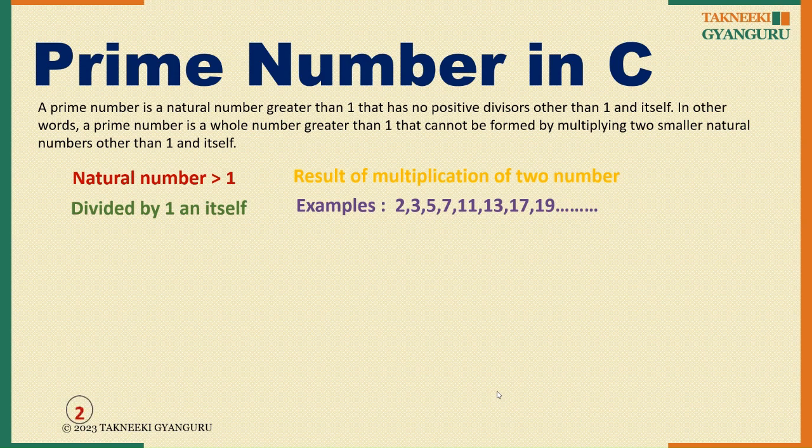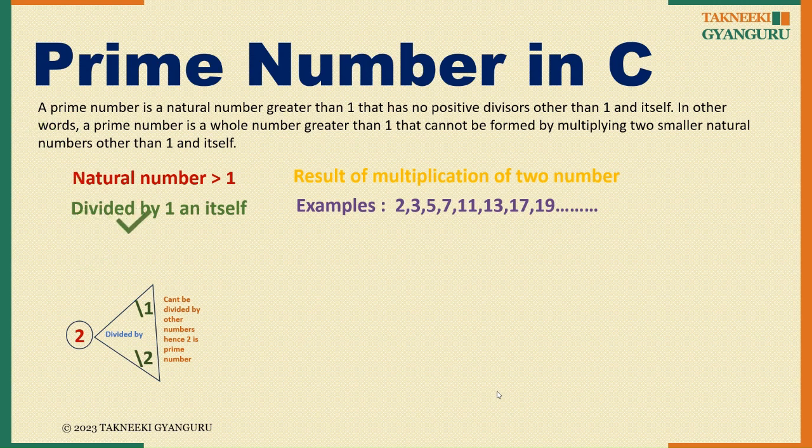Like for example, 2. Suppose 2 can be divided by 1 and itself, 2, right? We can't divide it by any other number. Because it can be divided only by 1 and itself, that is why it is called a prime number.